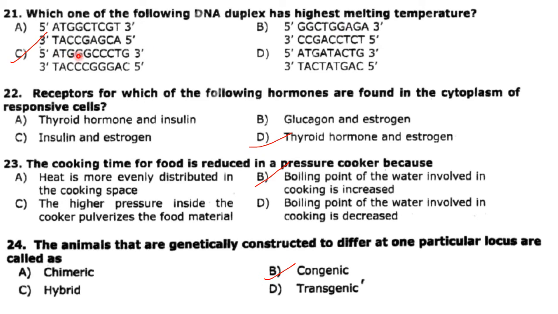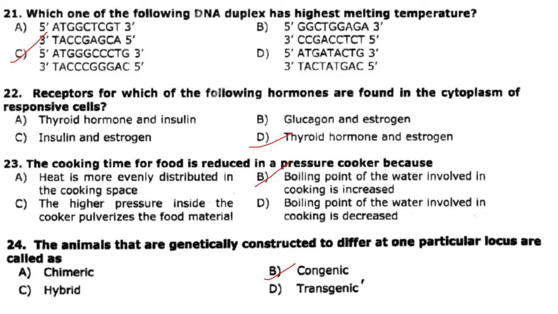And in C you have 1, 2, 3, 4, 5, 6, 7. And in D you have 1, 2, 3. So 3 here. So the maximum is for option C. So the answer will be option C. So maximum GC content is for option C. So that will be having the highest melting temperature because GC bond is a triple bond.